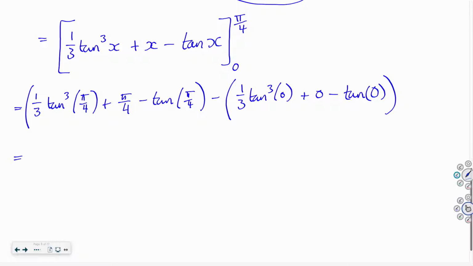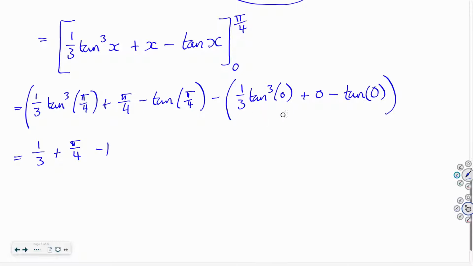Then we want the exact value. Putting that in our calculator for this part, we get a third, because tan of pi on 4 is tan 45, which is 1, cubed it gives us 1. So that's a third plus pi on 4 minus pi on 4, which is just minus 1.